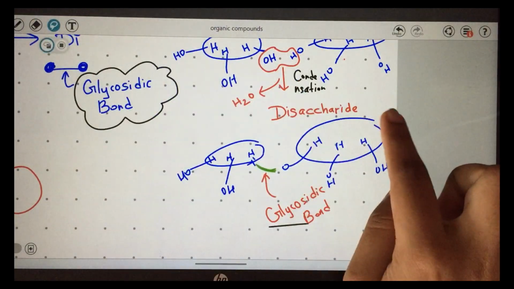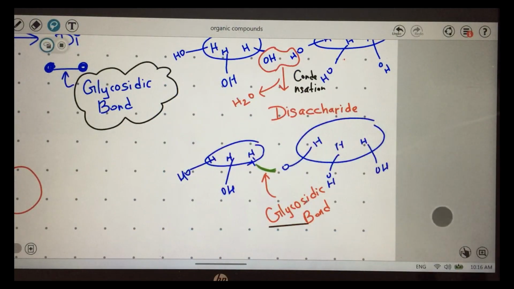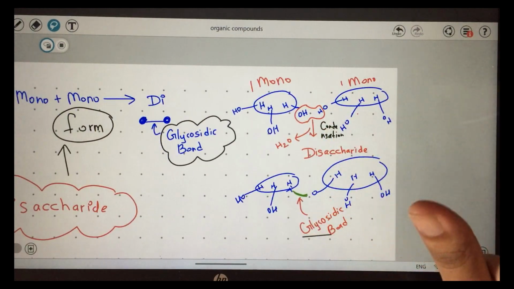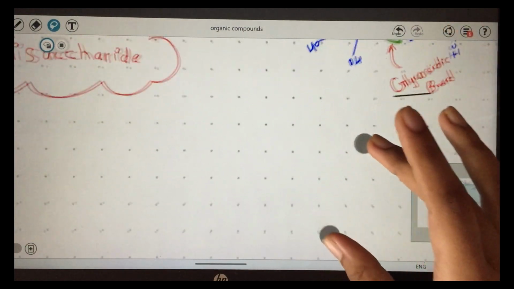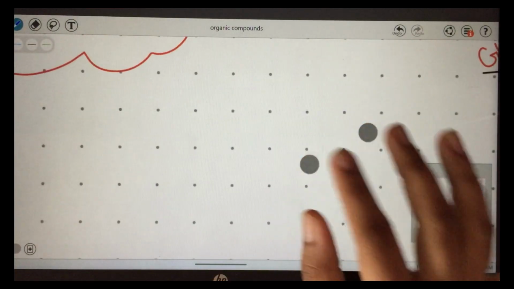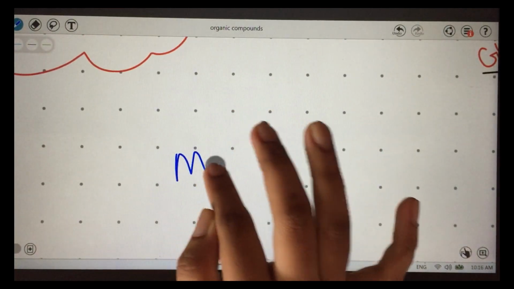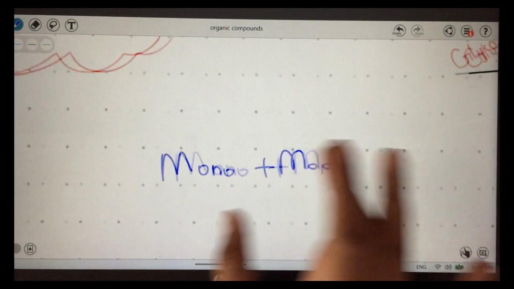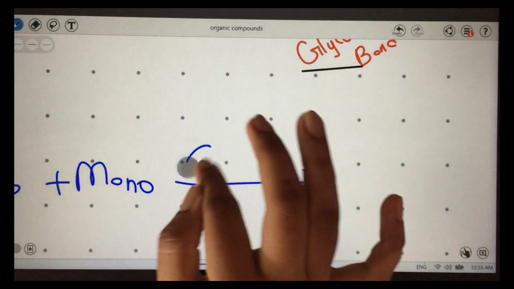Now this whole thing is a disaccharide molecule. Do you understand that? This is how a disaccharide is formed. What are the two terms I told you? If you have a monosaccharide and another monosaccharide, they undergo condensation.